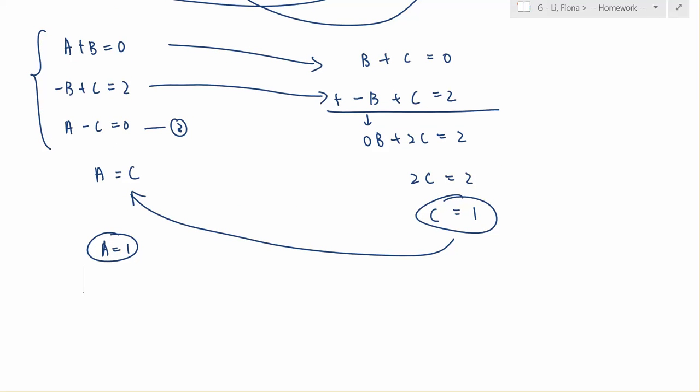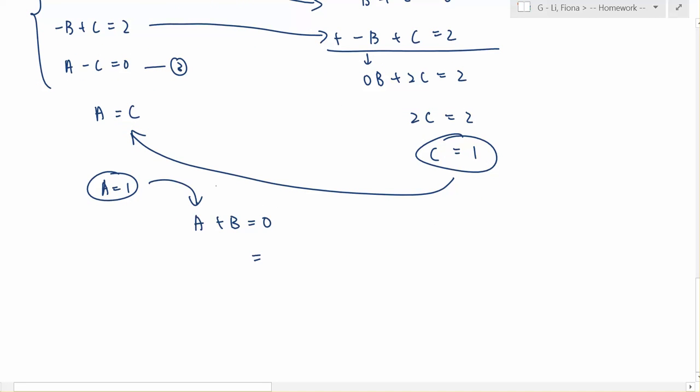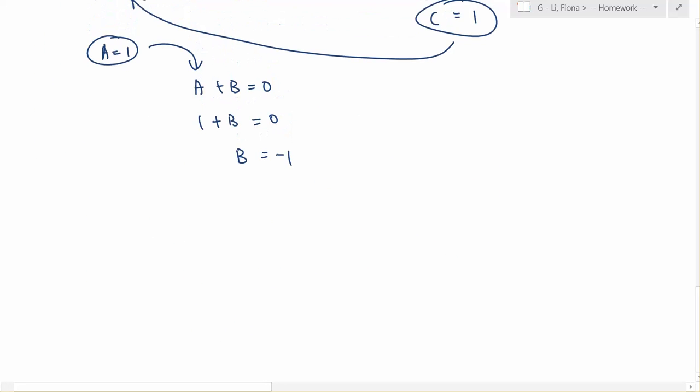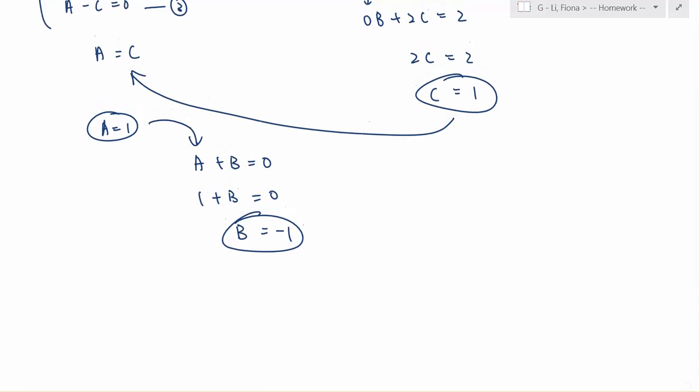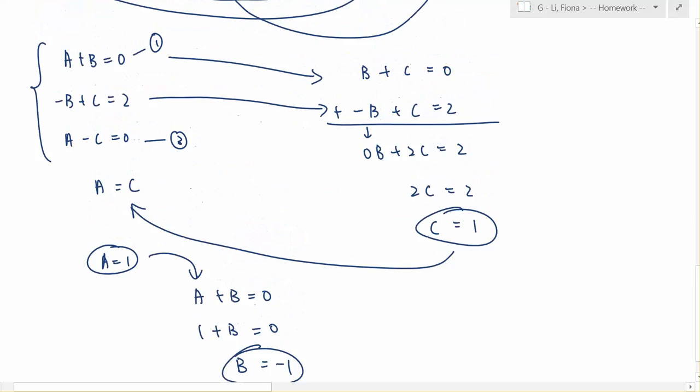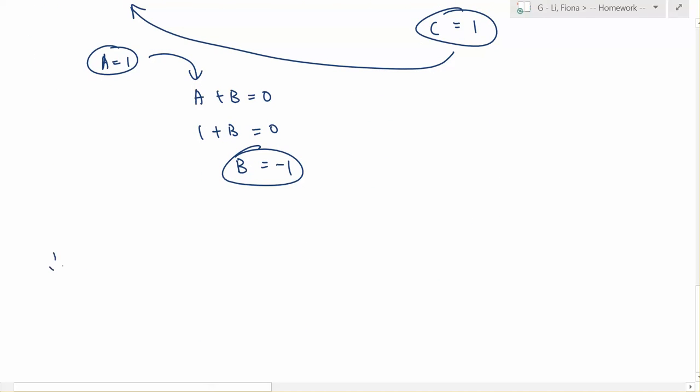And so what we got for the first equation is A plus B equals 0. So if we substitute 1 into A, then we will get 1 plus B equals 0, and B will equal negative 1. Yay, we're almost there. Okay, so with this, let's draw our conclusion.